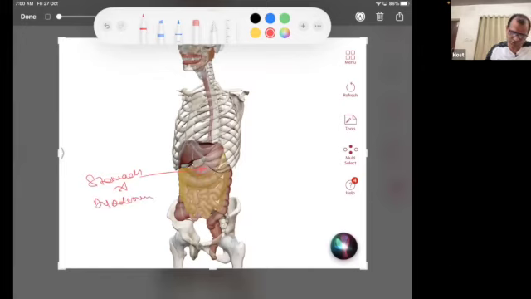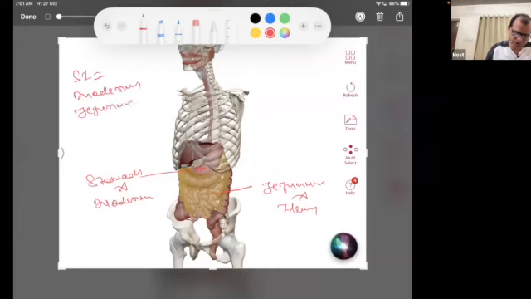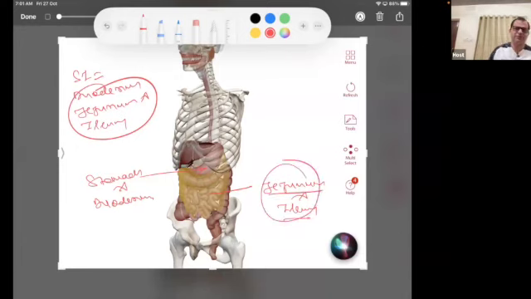Then the food is coming into the jejunum and ileum. So a small intestine has three parts. Duodenum is the first part of the small intestine. Jejunum and ileum is the second part of the small intestine. The jejunum and ileum play a very important role to absorb the nutrients.